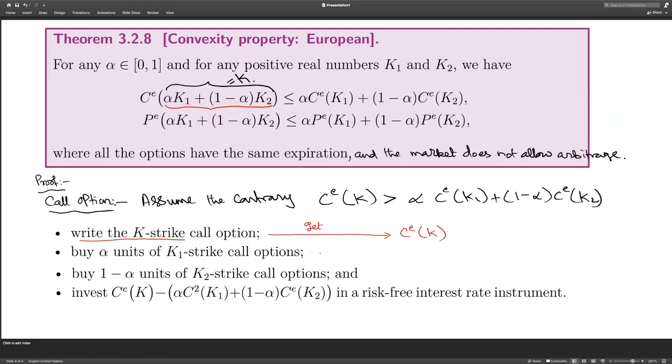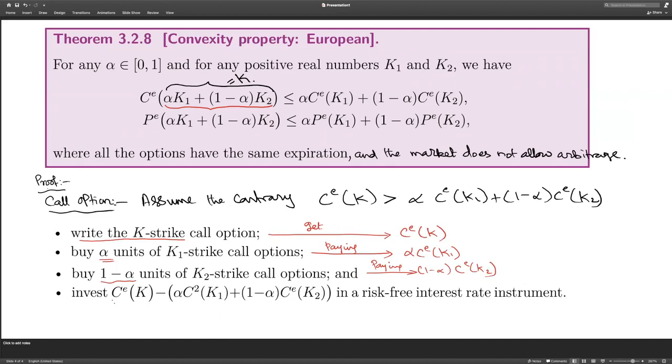Since you are buying, you will be paying alpha times CE of K1. You just assume that such trades are possible. Also, buy 1 minus alpha units of K2 strike call option. In that also you will be paying 1 minus alpha into CE of K2.